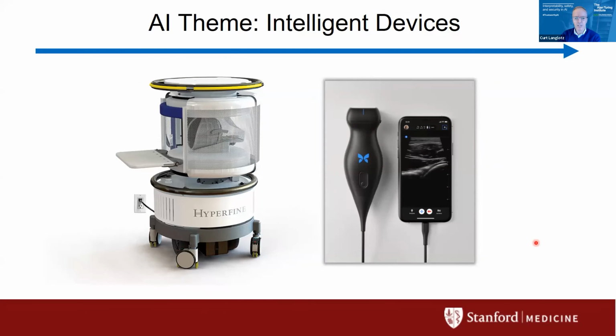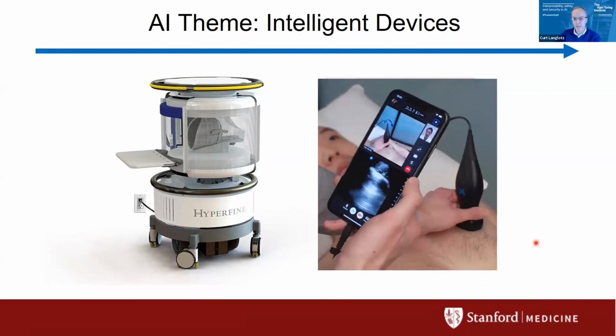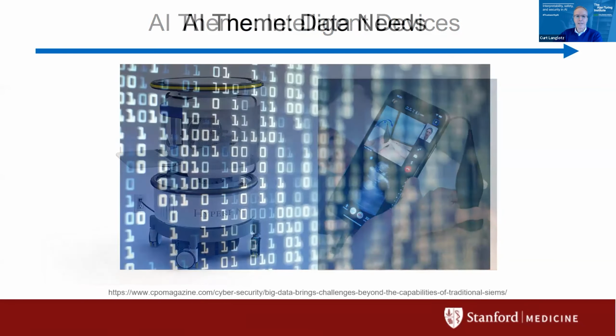The images that these devices would typically produce are not of particularly high quality, but we can use some of these machine learning methods to enhance the images to a point where they become diagnostic images that we're expecting to interpret. Here you can just see again how this imaging device works. So that's intelligent devices.